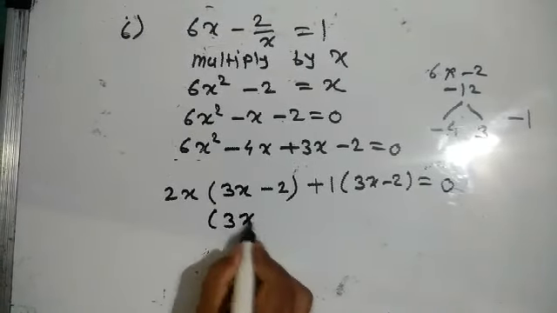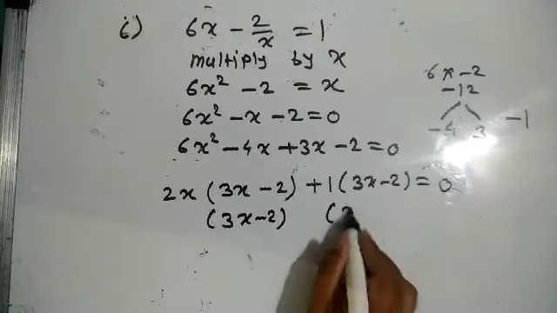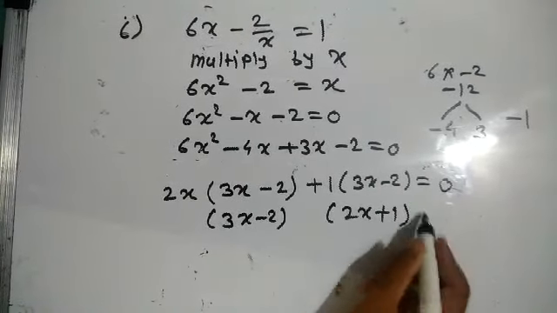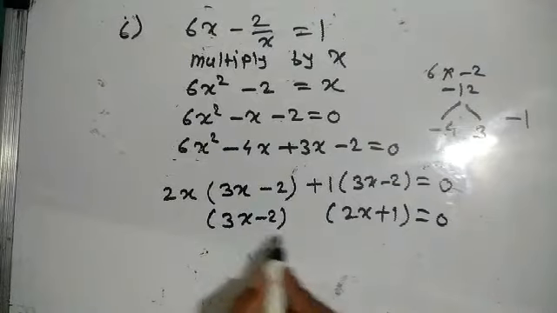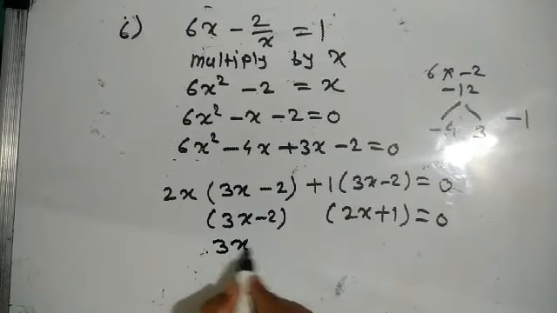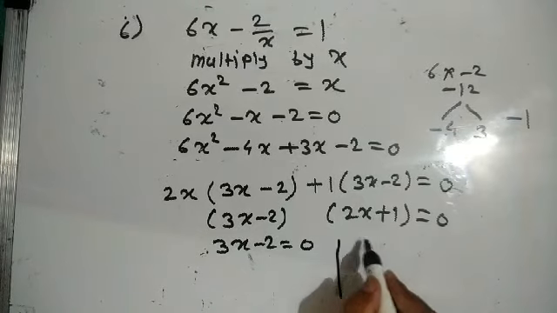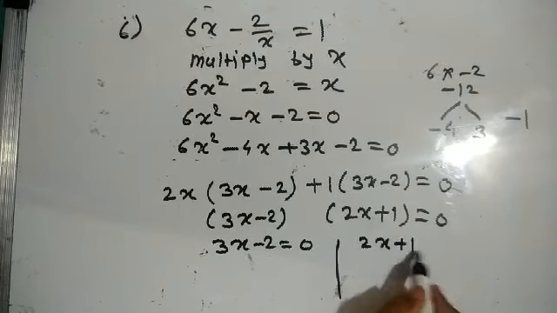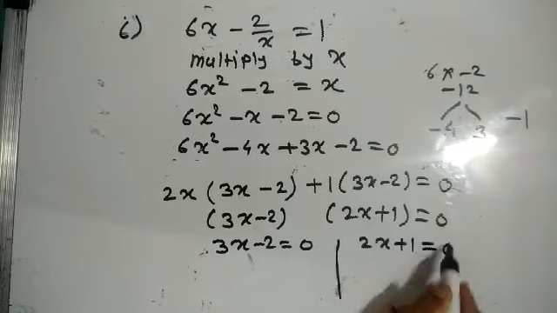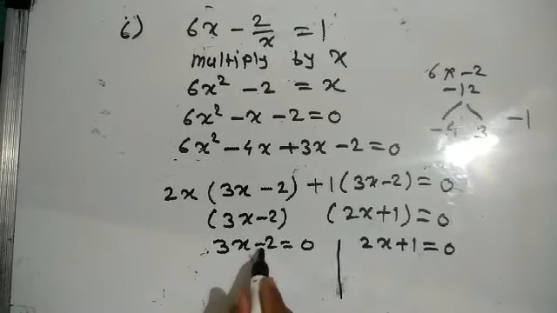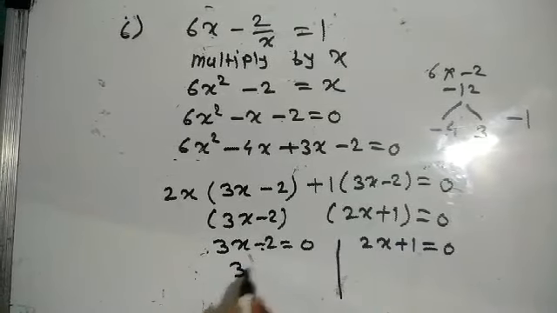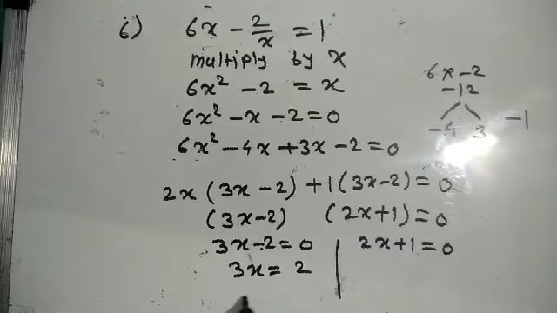Therefore in one bracket 3x minus 2, in another bracket 2x plus 1 is equal to 0. Therefore we can write 3x minus 2 is equal to 0, or 2x plus 1 is equal to 0. Take this minus 2 to the right hand side. 3x is equal to 2.